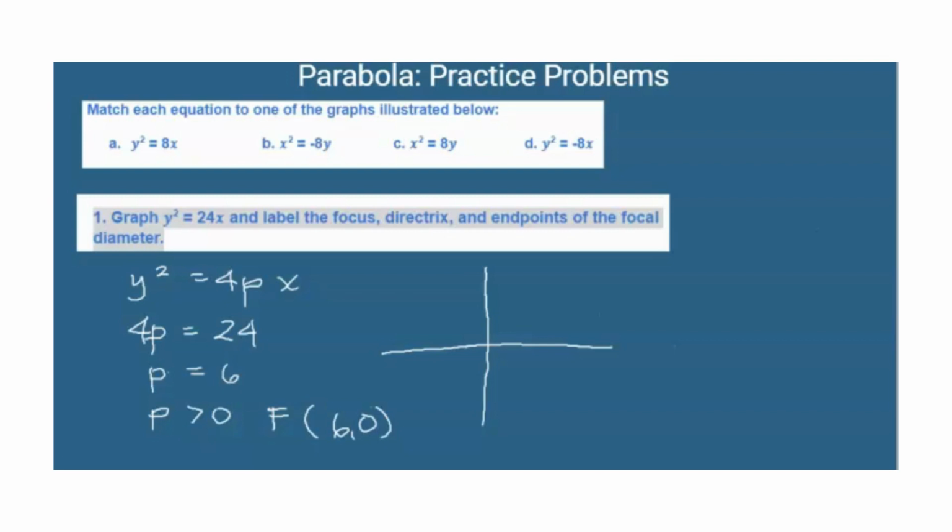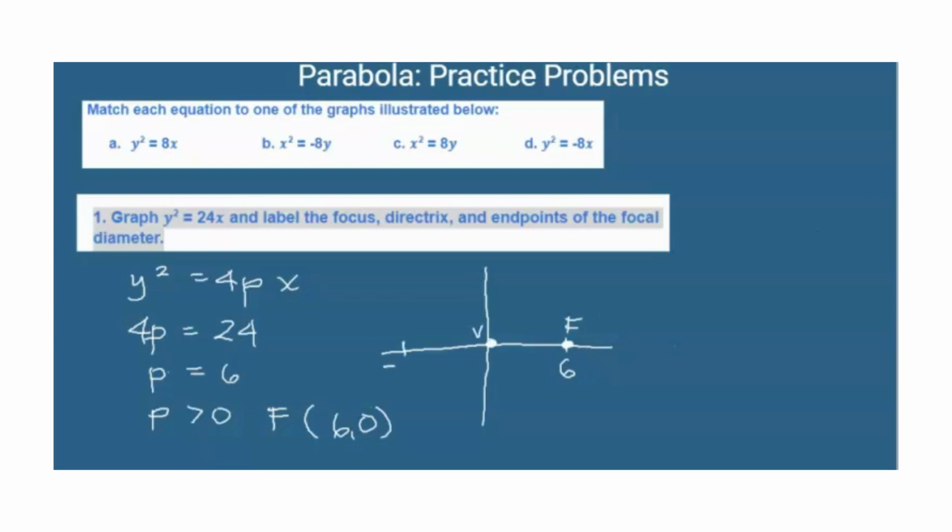So let's see here. That's your F. And the directrix is in the opposite direction of the focus, which is also p units from the vertex, and the vertex is at the origin.